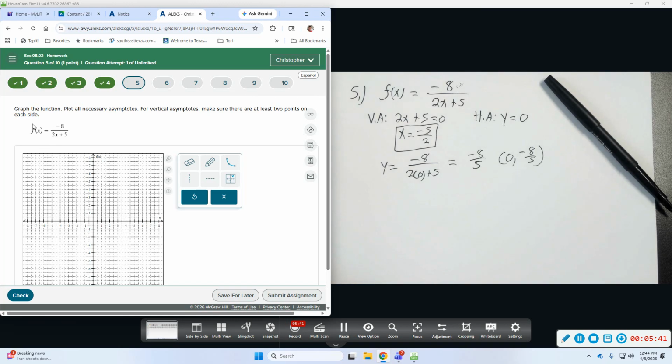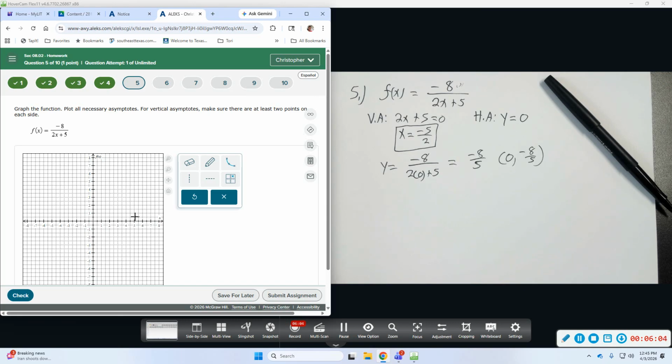Now it also says when we graph this function for vertical asymptotes, we're going to make sure there's at least 2 points on each side. So I want to try to pick 2 points on each side of the vertical asymptote. So I'm going to pick a couple numbers to the left of 2.5, and then some to the right of 2.5.